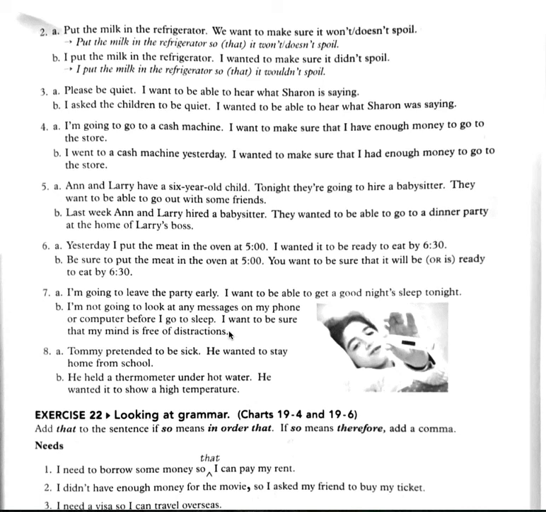So you say, I'm not going to look at any messages on my phone or computer before I go to sleep, comma, so that my mind is free of distractions. You eliminate I want to be sure.